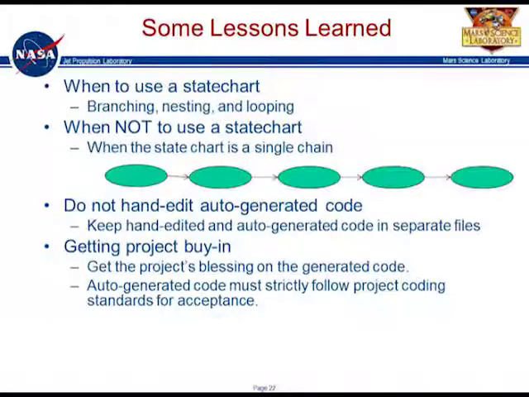So I'm going to give you some more lessons learned on when to use a state chart and when not to. My rule of thumb is, if the state chart has branching or looping, that's a great candidate for using the state chart in the autocoding process. When your state chart looks like this, and that chain can go on for 20 states, not a real good situation to use a state chart in.